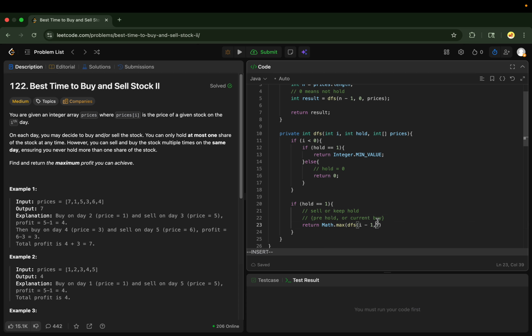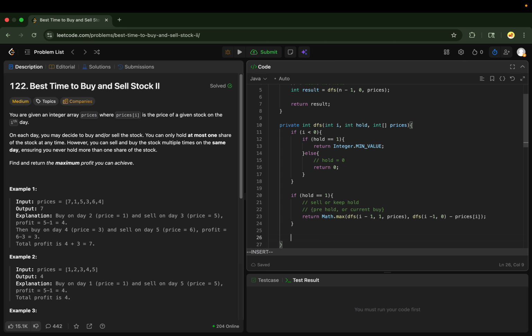If the previous hold is like this, we didn't do anything, it already includes the benefit. And for here, if current buy, which means DFS(i-1) we didn't do anything, but we buy at the current day, so we need to subtract the price at current i. This got a little tricky here.